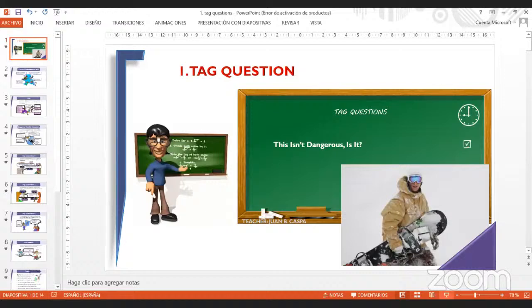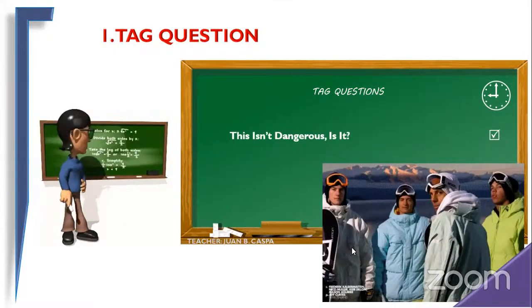Let's study some things related to tag questions. Tag questions. For example, this isn't dangerous, is it? It's a tag question. But we have to notice something special about tag questions. The interesting fact is, for example, this isn't dangerous, right?